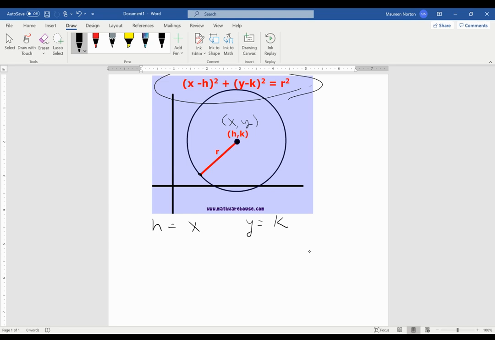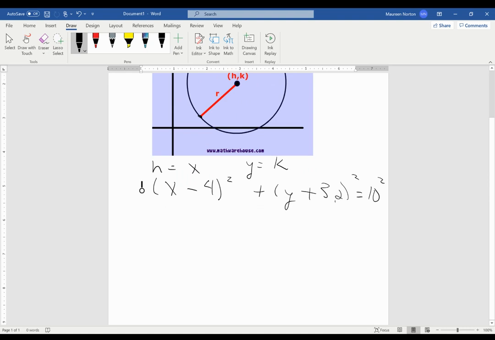If I were to give you a problem such as (X minus 4) squared plus (Y plus 3.2) squared is equal to 10 squared, we could pull out the center of the circle. So here's the tip and trick.